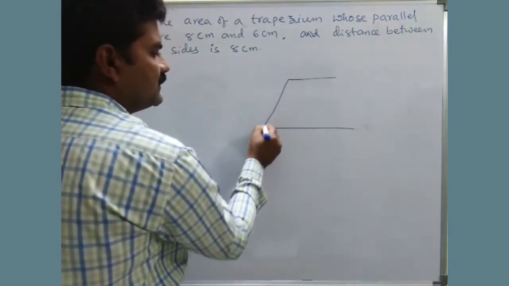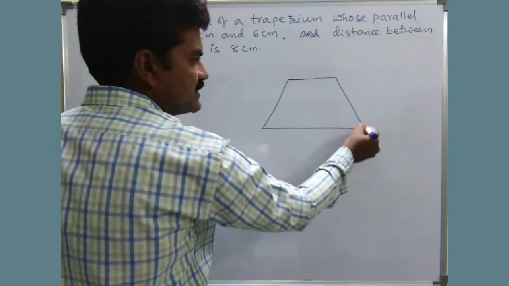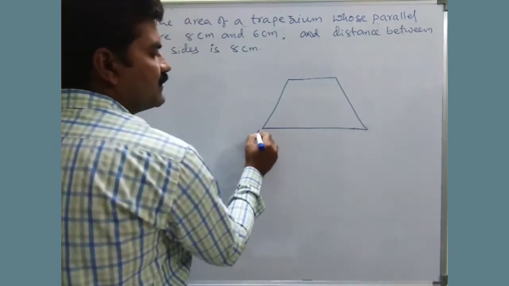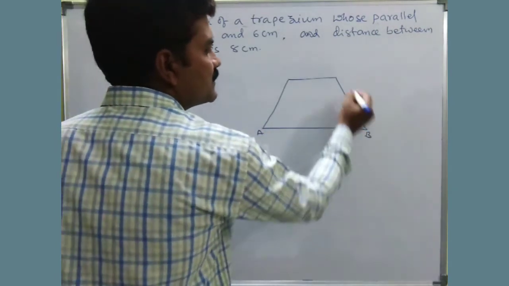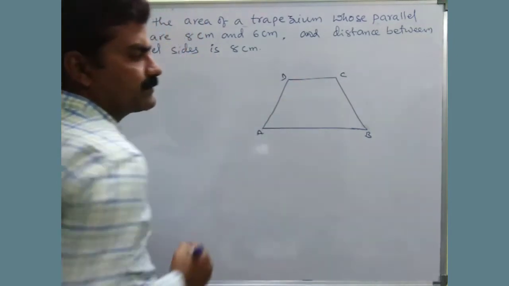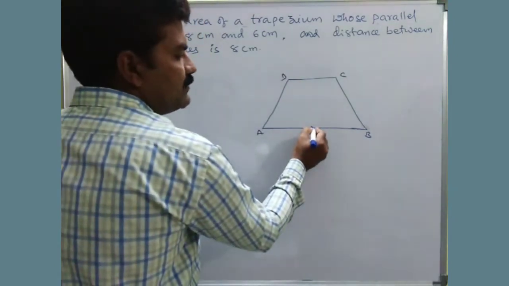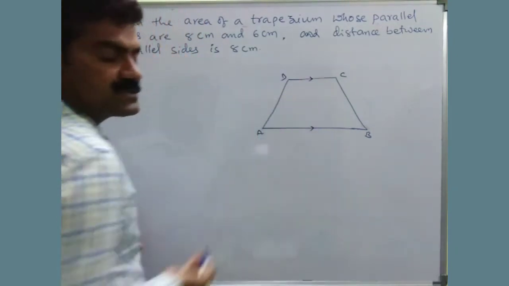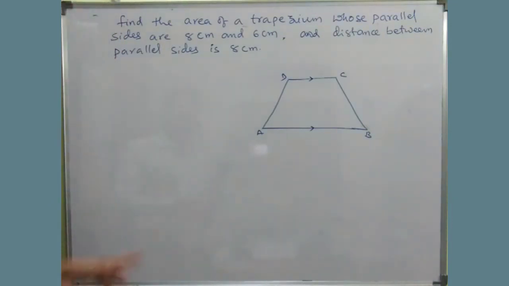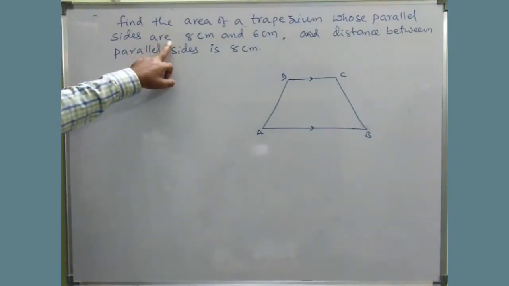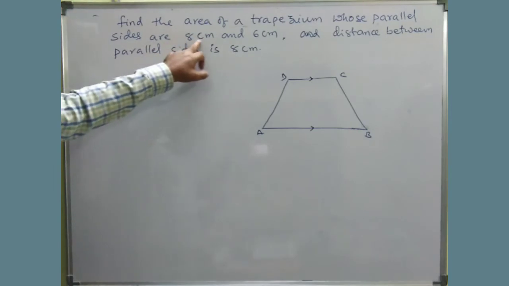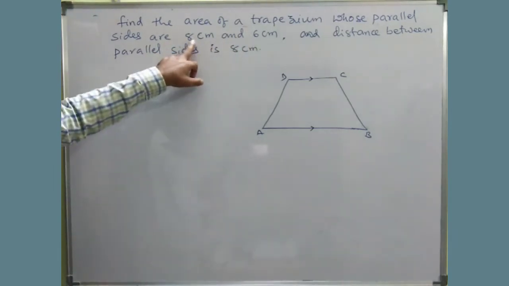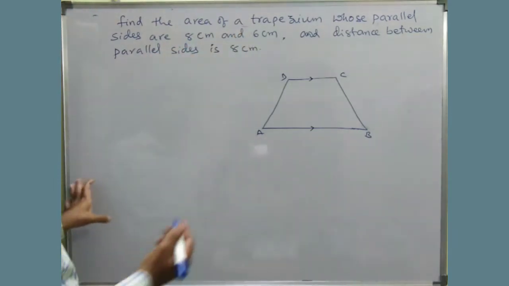Let it be the trapezium ABCD, and AB is parallel to CD. So what provided already? Parallel side lengths are provided, no? 8 centimeters and 6 centimeters.